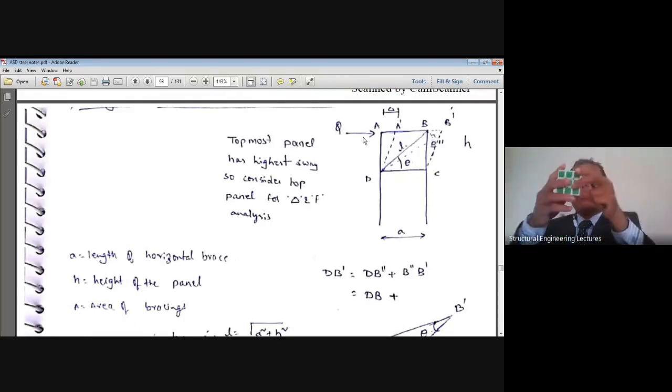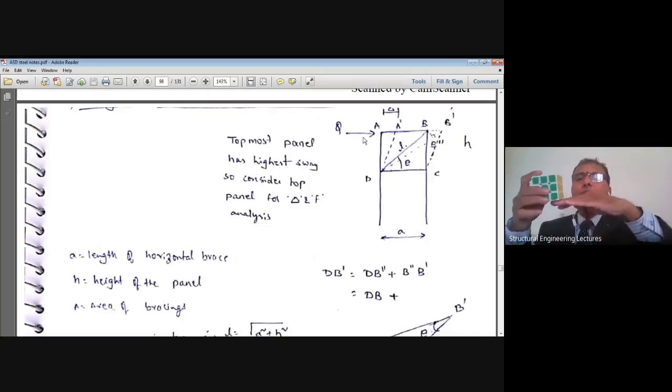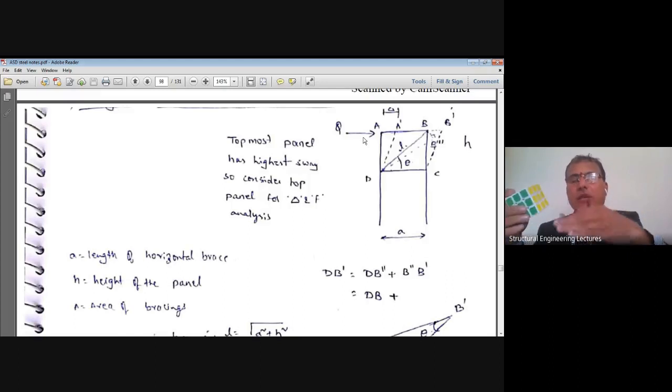Then that lateral force on the tank is also presumed to be acting at the bottom of the tank. We'll see the procedure to calculate that, right?